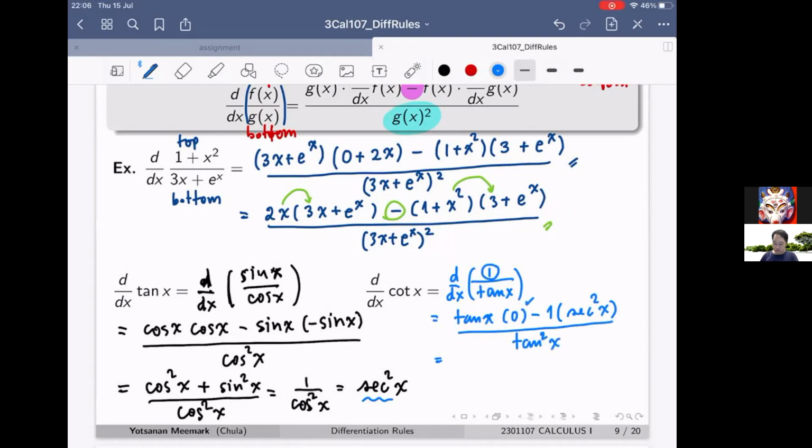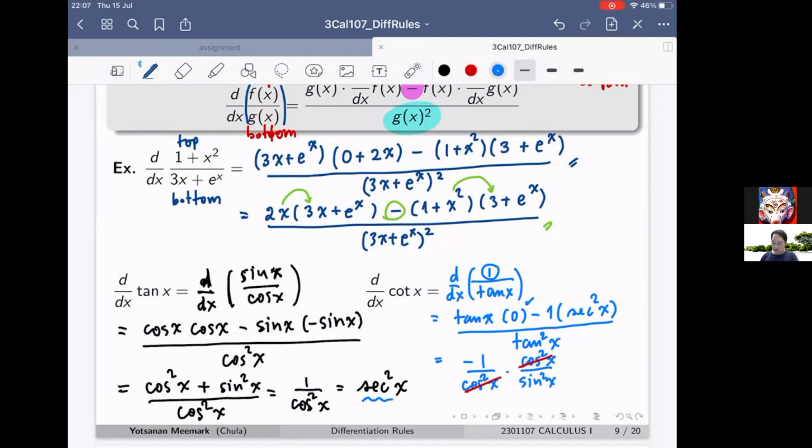Okay, so this one is gone, right? Because it is 0. So here you have 1 over cosine square, and then a reciprocal of tangent. Usually the tangent is a sine over cosine, right? So it becomes cosine square over sine square. So the cosine square will be cancelled, right?